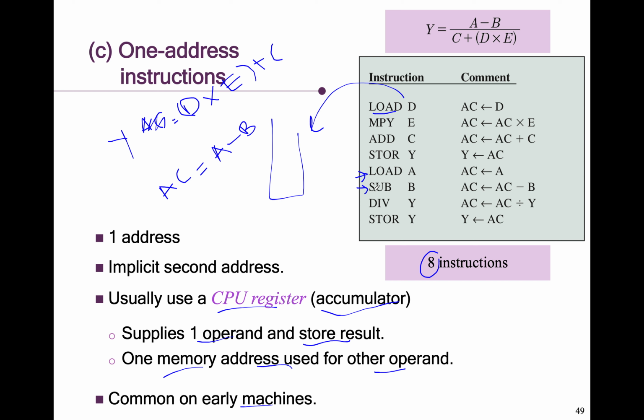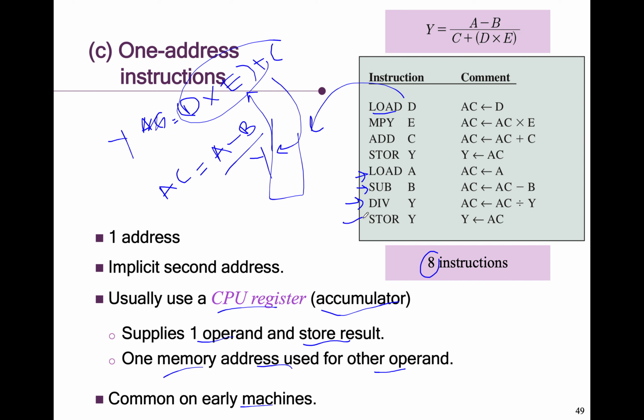And after that, you're going to do divisions. What will happen? This one, you're going to divide with Y. What is the value of Y? You just put this back below.